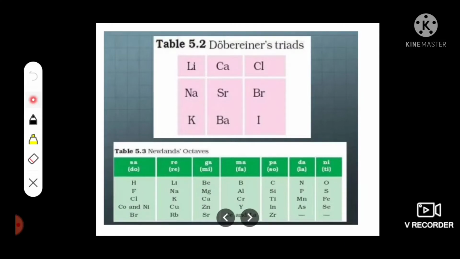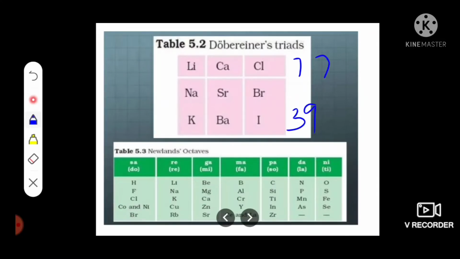According to the law of triads, Dobereiner observed that every middle element has an atomic mass which is equal to the average of the atomic masses of the first and last. For example, the atomic mass of lithium is 7 and potassium is 39.